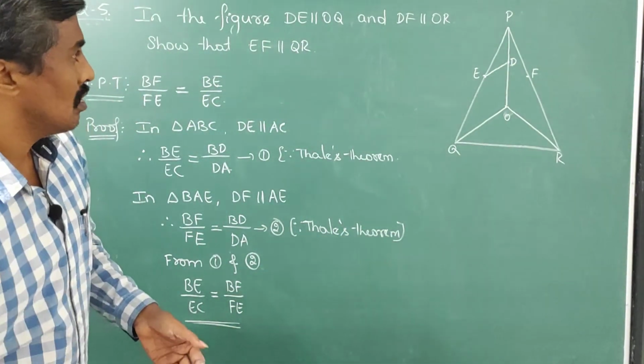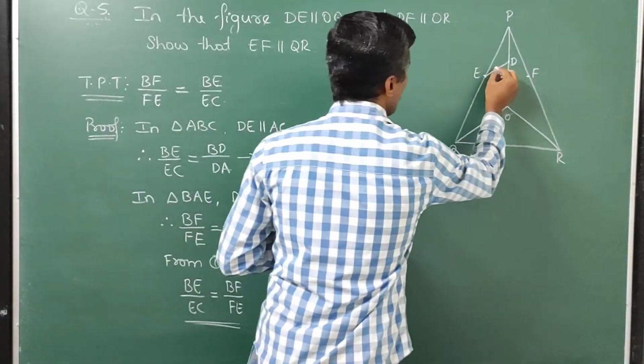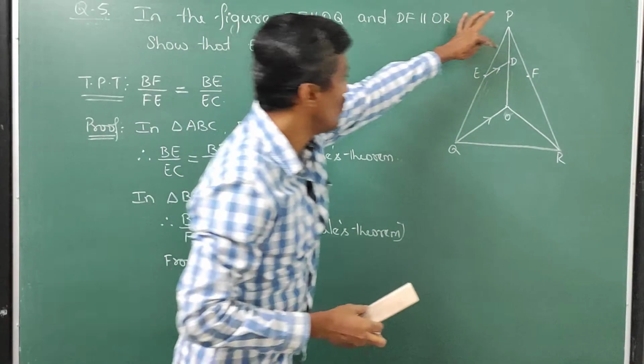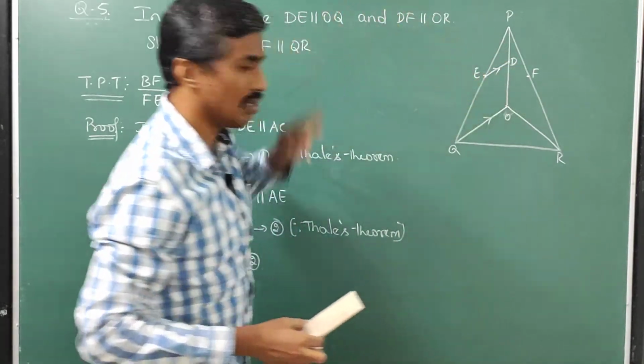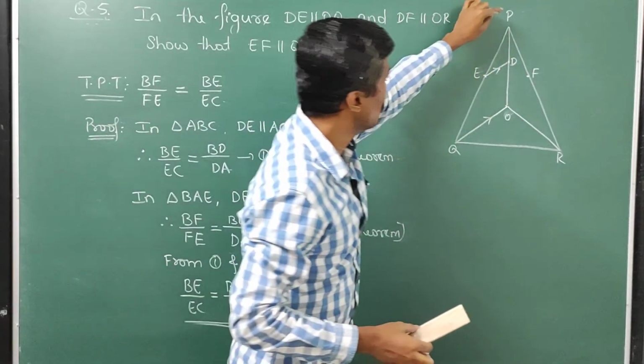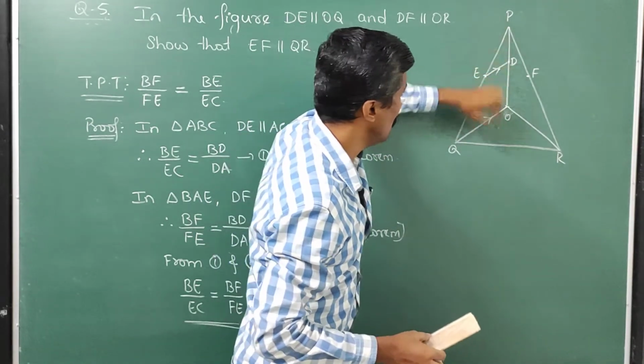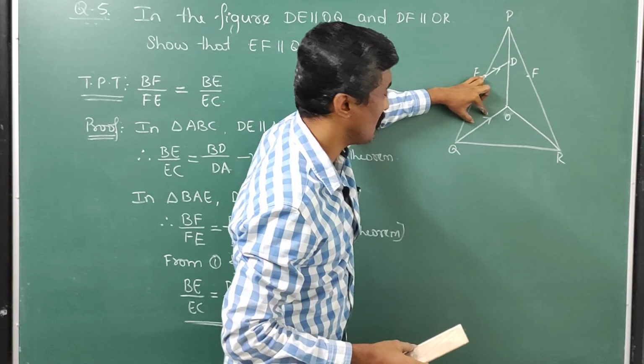So this is parallel according to the first data, DE parallel to OQ. Then we have to take triangle POQ. In this triangle POQ, DE is parallel to OQ.